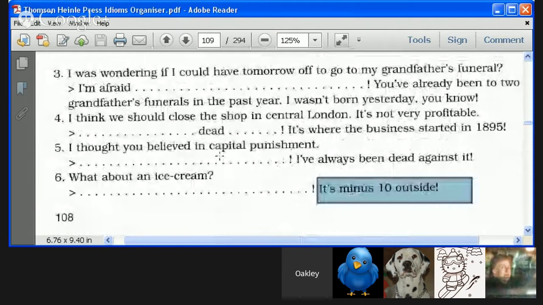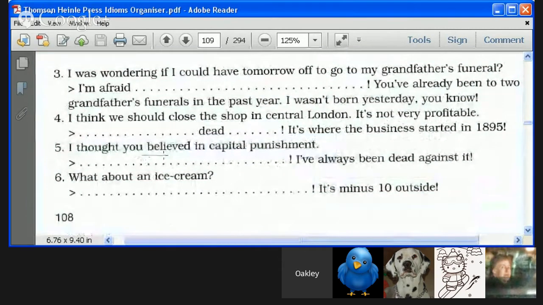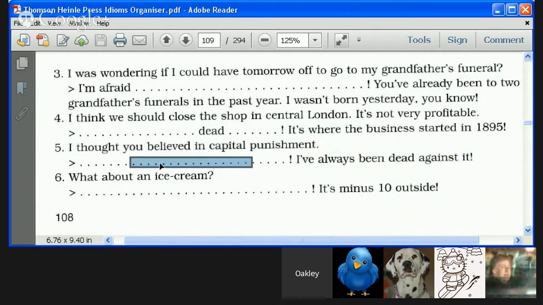Oh, okay. I kind of made a mistake on the last one. I thought you believed in capital punishment. The person might say you must be joking. It's possible. They could also say, on the contrary, I've always been dead against it. So exactly the opposite of what the first person said. That should have been the answer for number 5. Yeah, you must be joking. It sounds like a crazy idea. It's minus 10 outside.